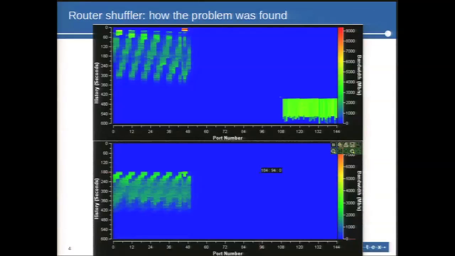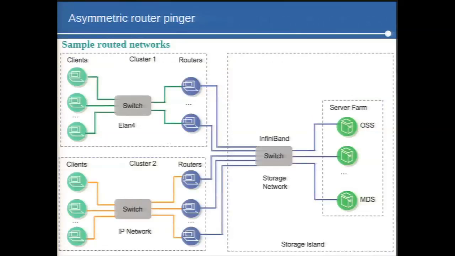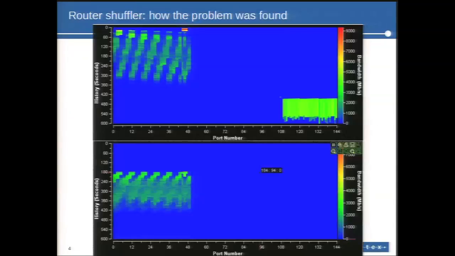This graph immediately told us three things. The first is that there are very noticeable blue stripes, blue gaps in the graphs, which told us that at any point in time, the 2,000 clients were only using half of the routers available, and the rest of the routers stayed completely idle, which is very bad.